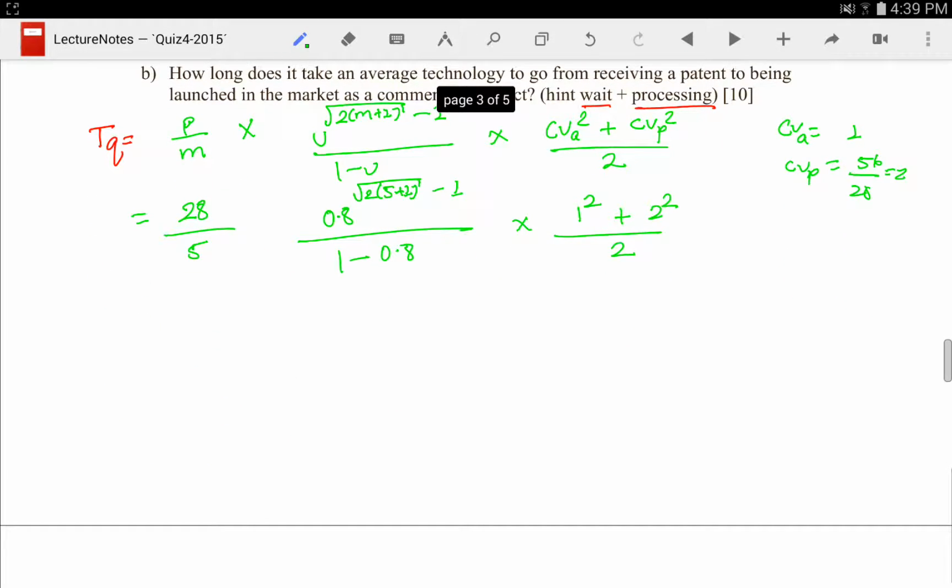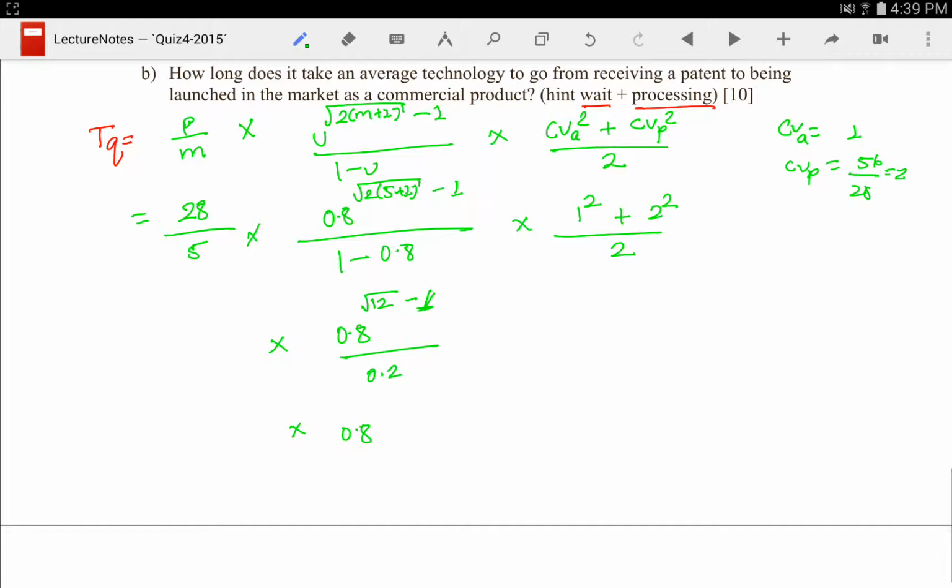I would usually leave this for you to solve. I'll let the other part be for you to solve. I'll do the middle part only. So 5 plus 1 is 6. So the square root of 12, minus 1, divided by 0.2, with 0.8 raised to that power.